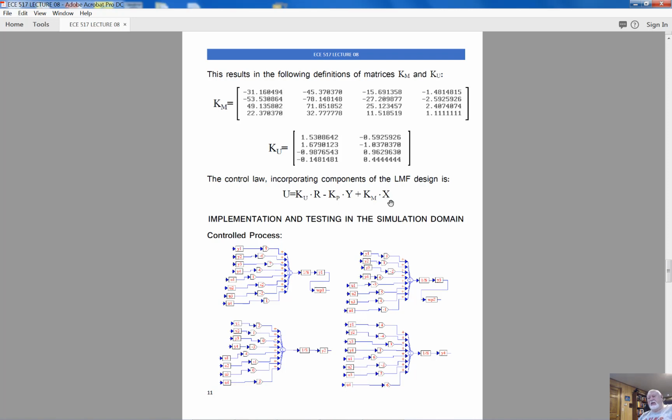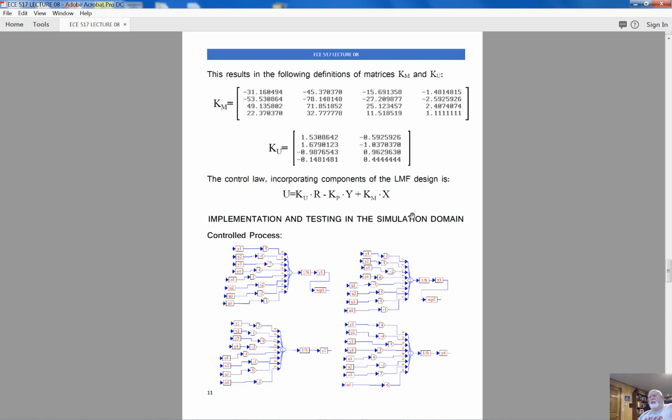It is anticipated that with this definition of the control effort, with this control law, our system will behave as two independent systems. In other words, our system will be decoupled.